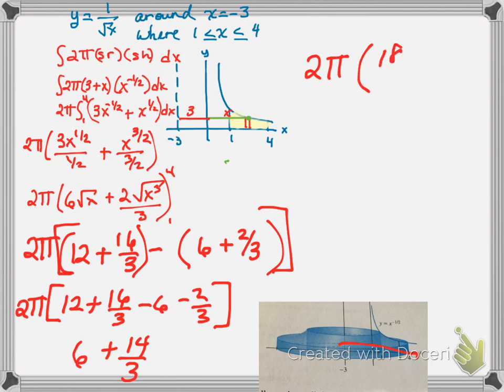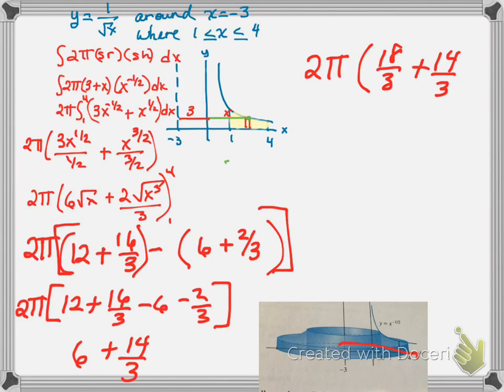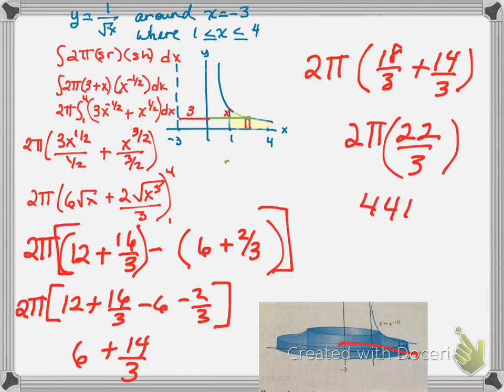So that would be 18 over 3 plus 14 over 3, which is going to give me 32 over 3 times 2 pi. And then that will give me 64 pi over 3. And so that would be your volume of that figure. And that's all for shell method.